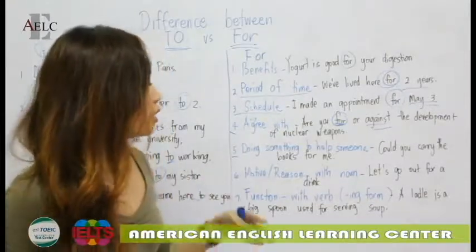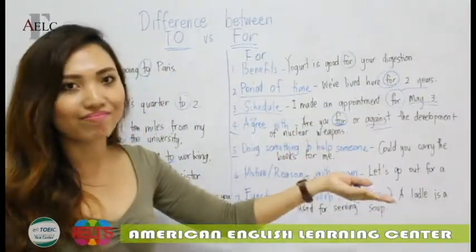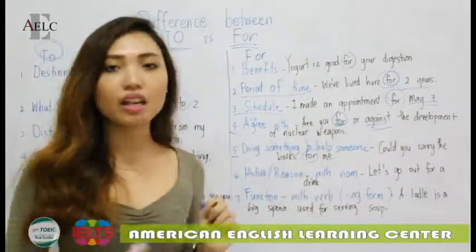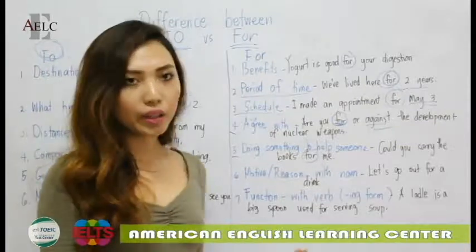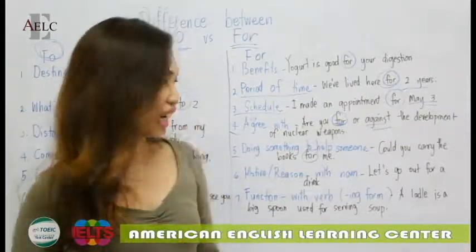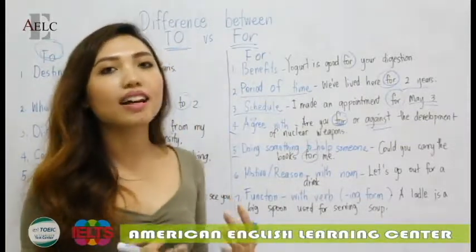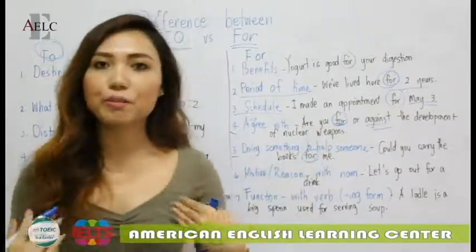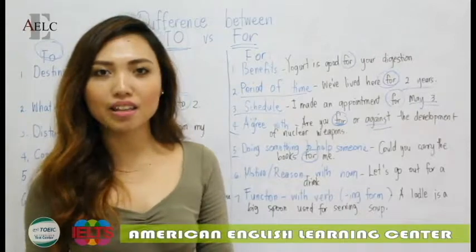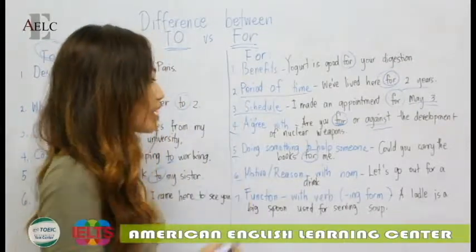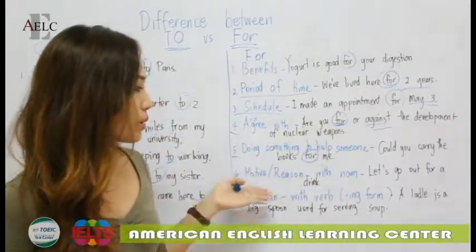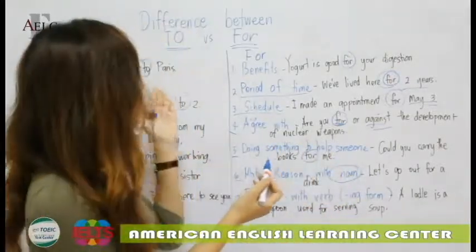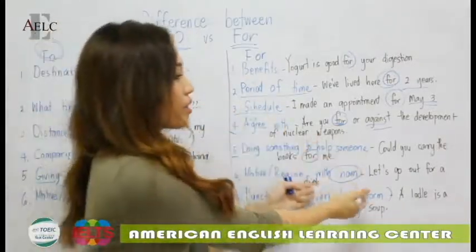Number 5, doing something to help someone. For example, could you carry the books for me? I'm asking if you could help me do something. In that case, you help someone, so we use for me. Number 6 also talks about a motive or reason, but the difference with to is that to goes with a verb, and this one is for a noun.